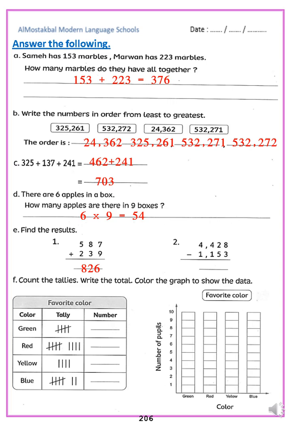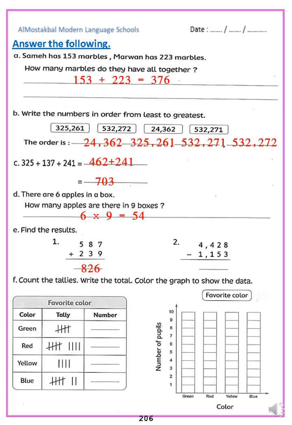4,428 minus 1,153. Okay, we will start with ones. 8 minus 3 equals 5. 2 minus 5, no, we will borrow 10 from 4. So now we have 12 minus 5 equals 7.